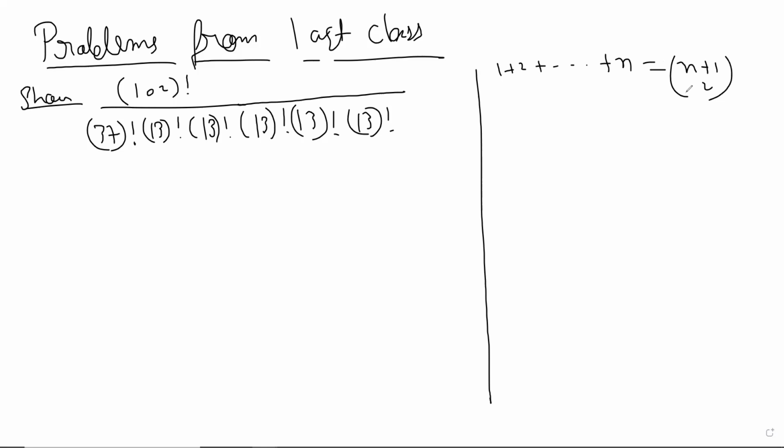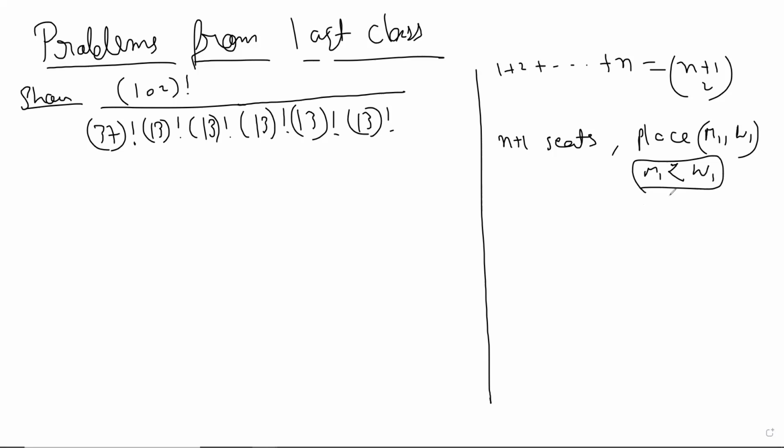If you remember, last time there were n+1 seats, and we had to place a man and a woman such that, let's say, the man sits before the woman. One way we did this was n+1 choose 2, just choose two places.